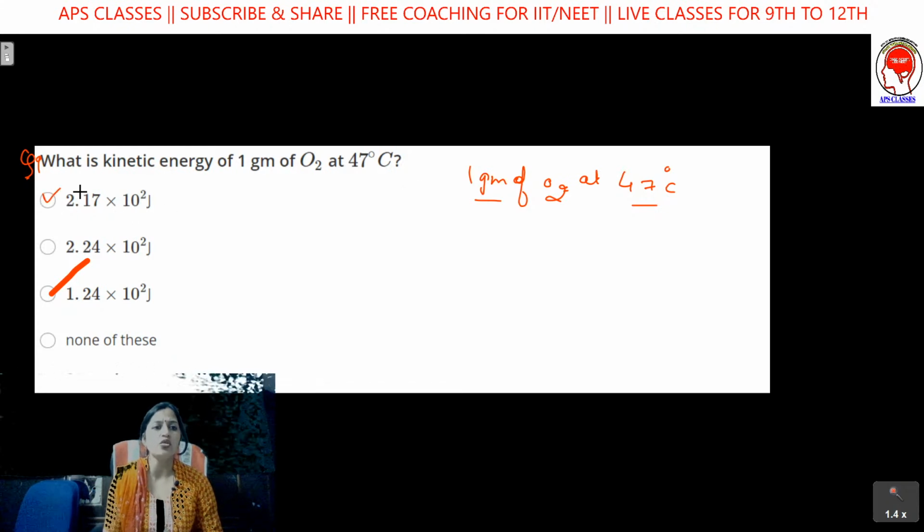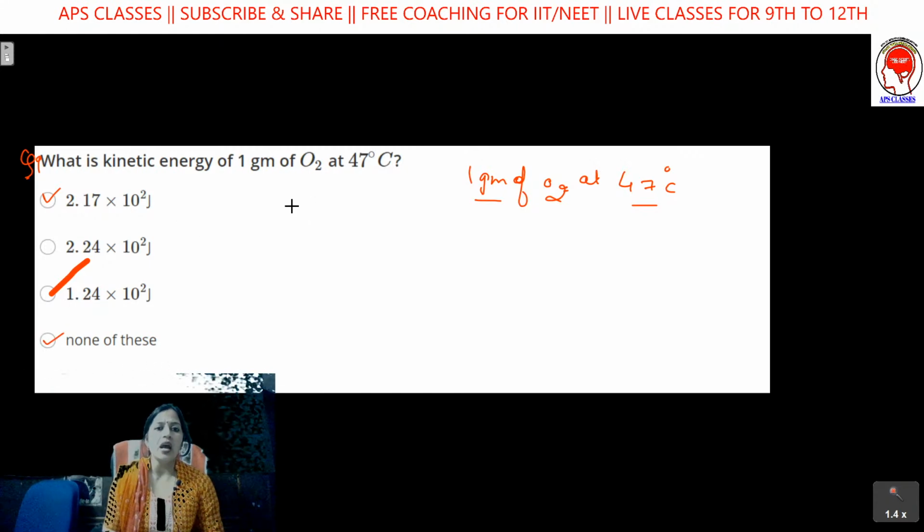And your options are A 2.17 into 10 raised to power 2 joule, B 2.24 into 10 raised to power 2 joule, C 1.24 into 10 raised to power 2 joule, and D none of these.